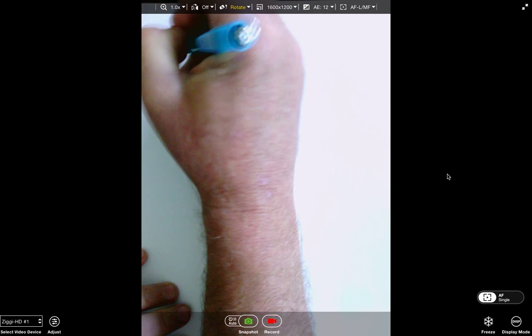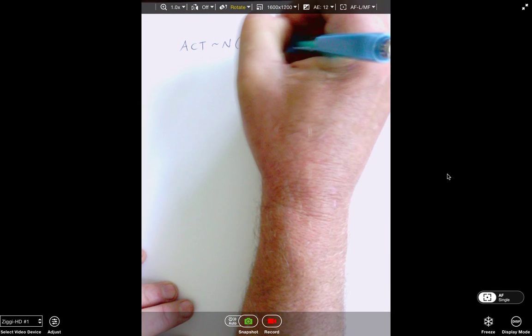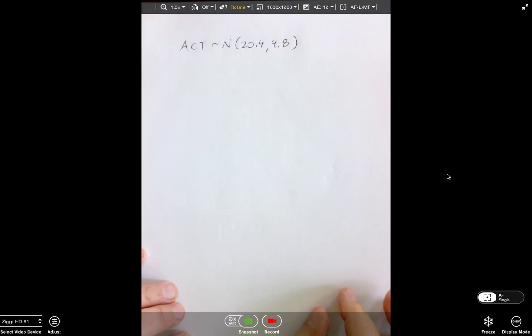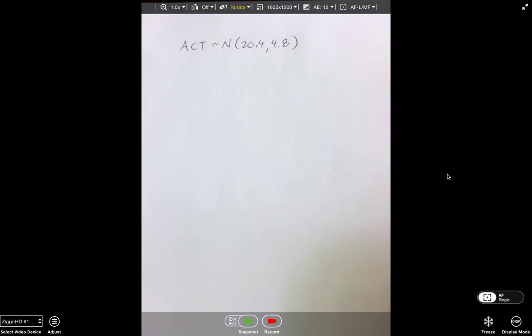All right. Turns out ACT scores form a normal distribution. These parameters came from probably about 2012, I do believe. I think the mean has bumped up a little bit, closer to 21, and the standard deviation closer to 5. But the ACT scores that year were approximately normal, mean of 20.4, standard deviation 4.8.